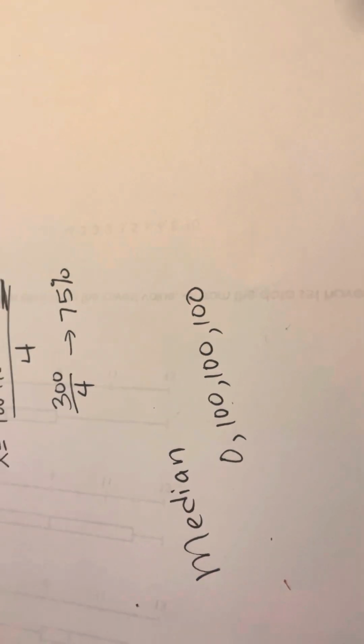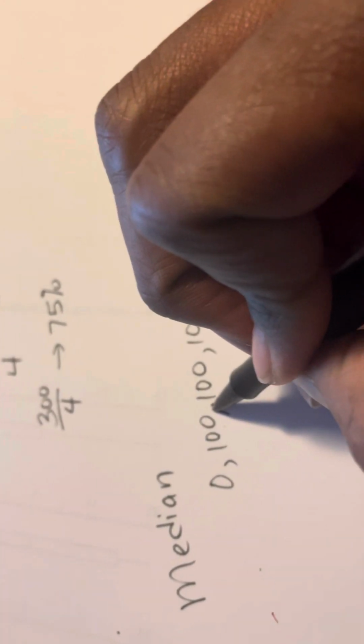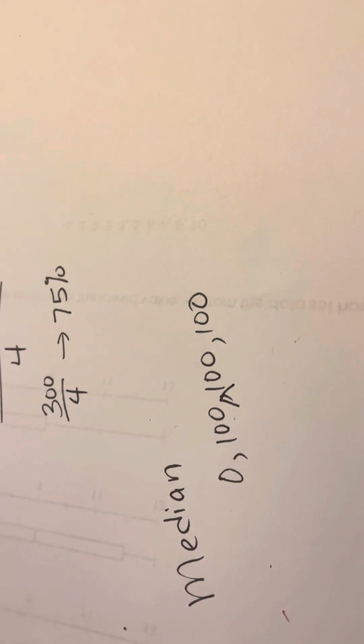Okay, so this is if you're looking at the mean. What if we're looking at the median? Okay, well, I put my numbers in order from least to greatest. That's what you do first with median, or greatest to least, it doesn't matter. And the median would be the number in the middle. Now, in this case, the number that's in the middle is in between the 100 and the 100.